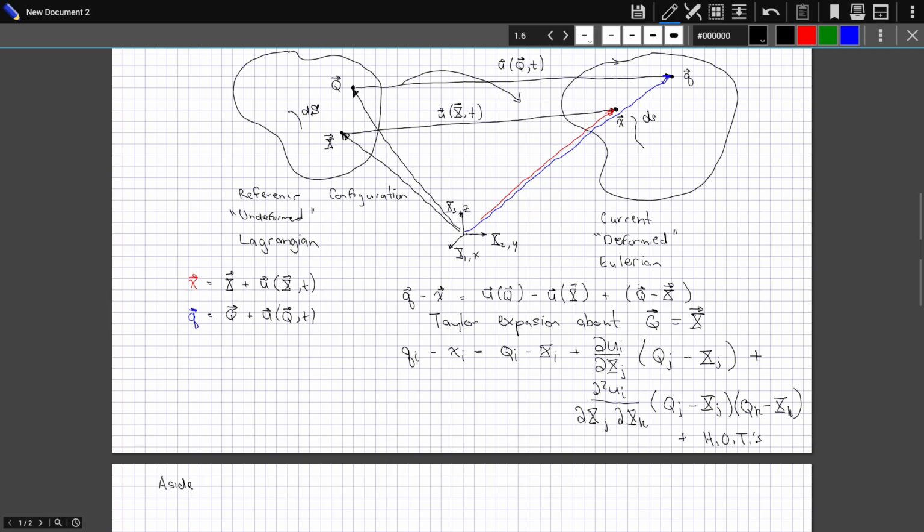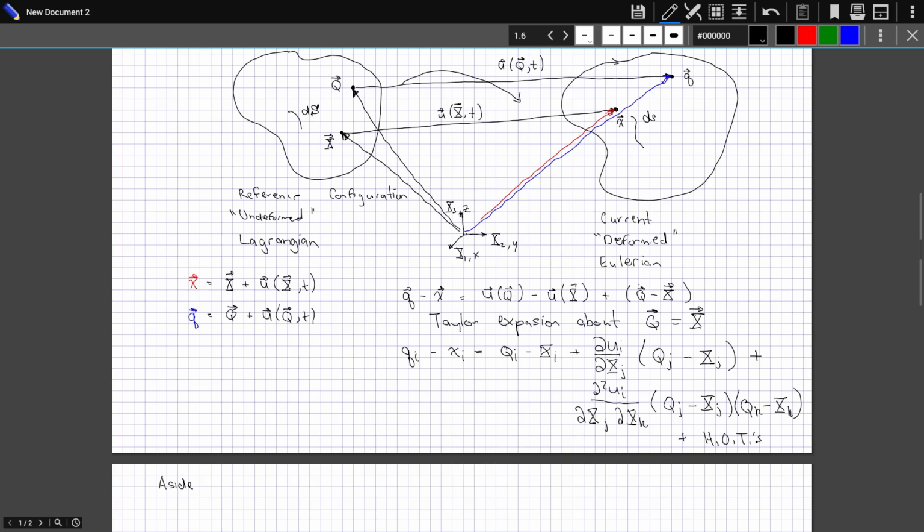So we started to write things in terms of components, and this is where my i's and j's come in, because i, j, and k all just go 1, 2, 3. But there is an implicit summation. I'll do one example in a second, or maybe next class, where I write all the components out.